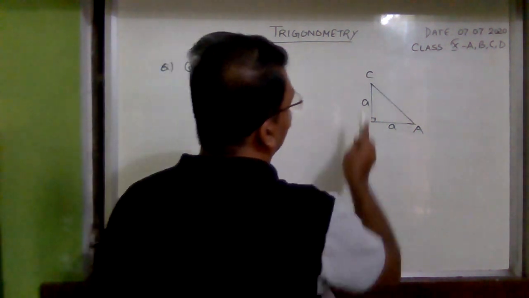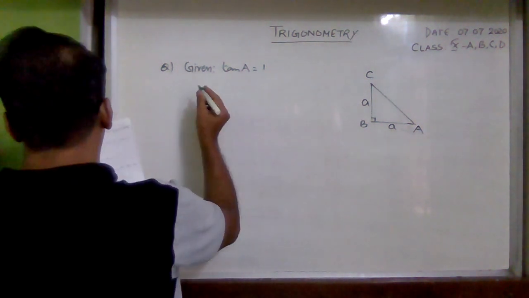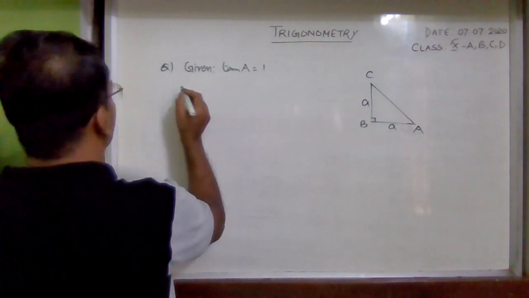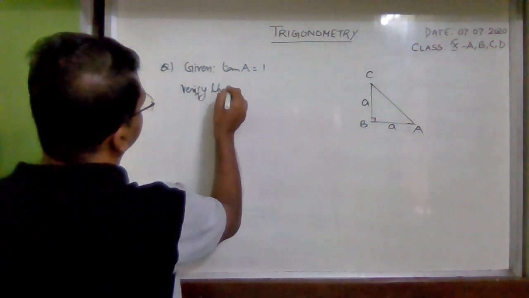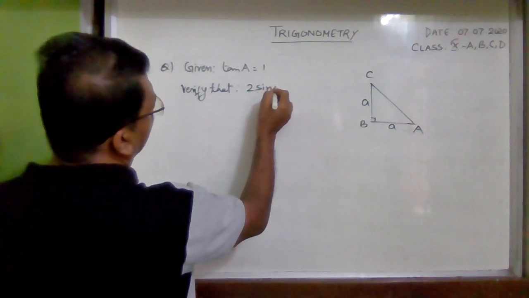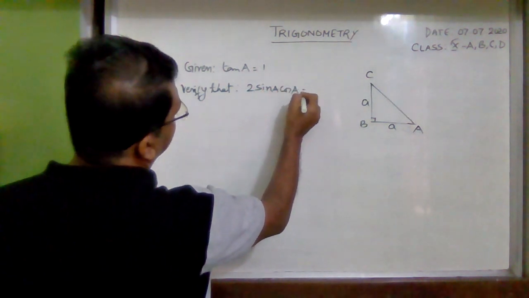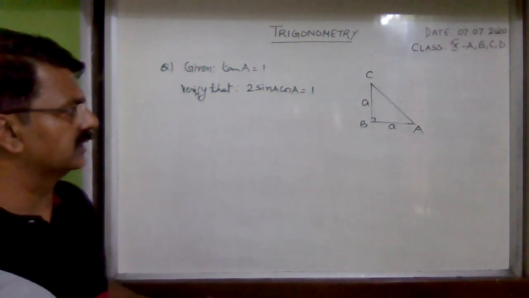Now using Pythagoras, we will find AC. So before that, let me finish the question. Verify that 2 sin A cos A is equal to 1. You have to check whether it is true or false.